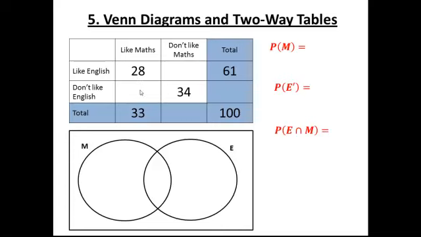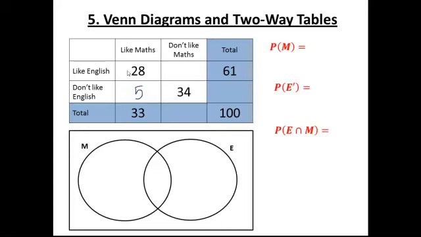So that means if there's 33 people altogether that like maths, that means there were 5 of them that don't like English as well, because those two numbers have to add to 33. Okay, now this box here is people who don't like maths but like English. So the way I can fill that in is if I read across, my total has to be 61.